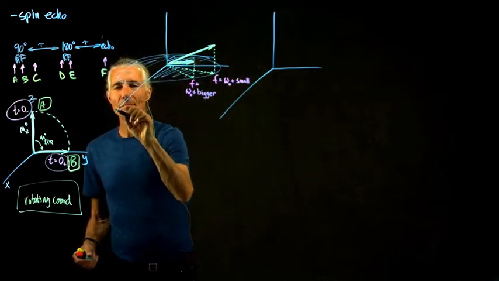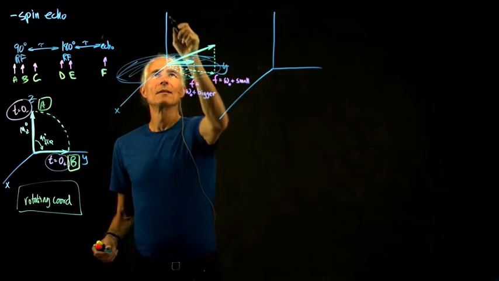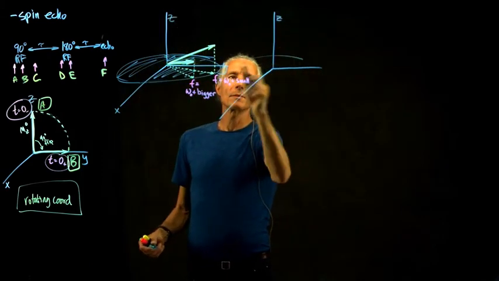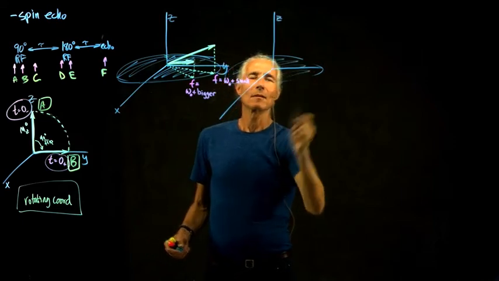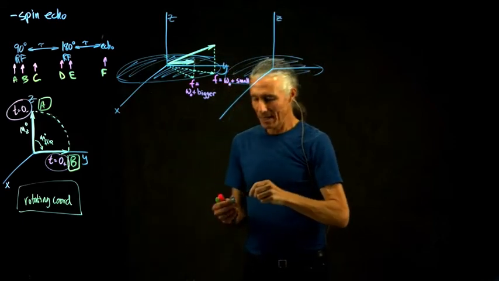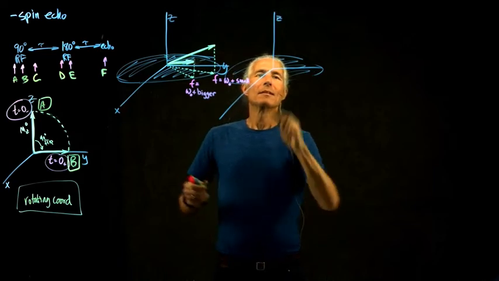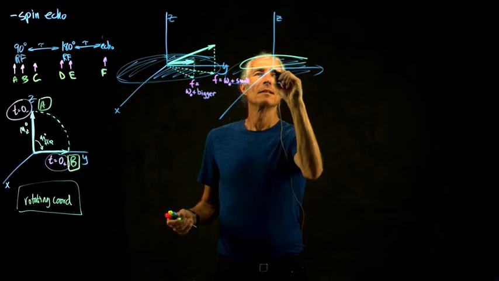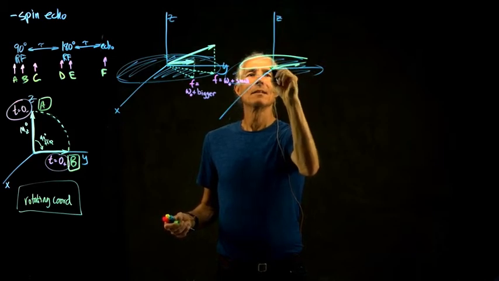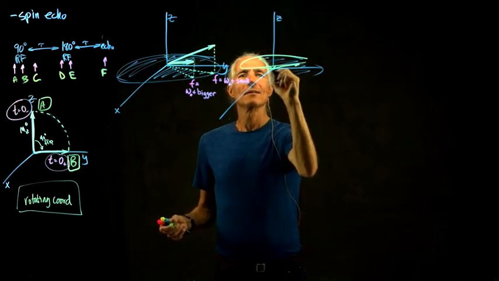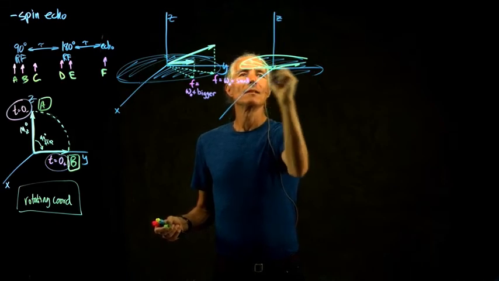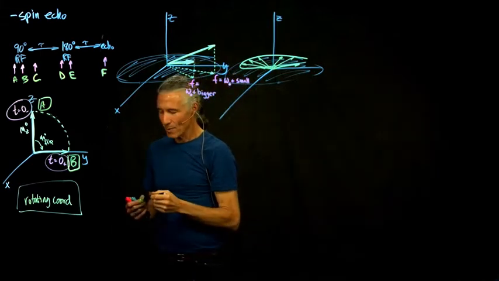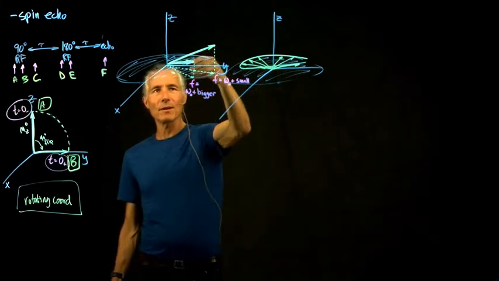So what's going to happen if we wait a longer time? Here's our plane. We're going to get a whole little dish of vectors. Now, there are several things going on here. There's been some T1 regrowth occurring, which is why they lifted off the plane.